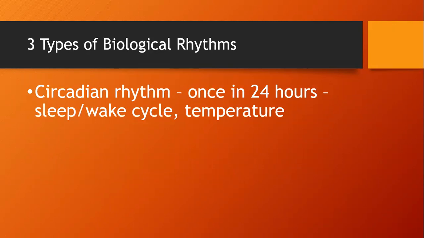We're asleep for so many hours and we're awake for so many hours. Our body temperature sits at a certain temperature for so long and then it will dip. So we have our troughs and peaks and it takes 24 hours for the whole cycle to complete. So our circadian rhythm takes 24 hours and it will complete it once.